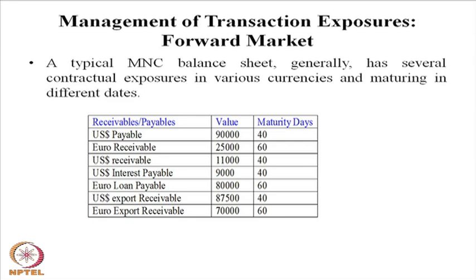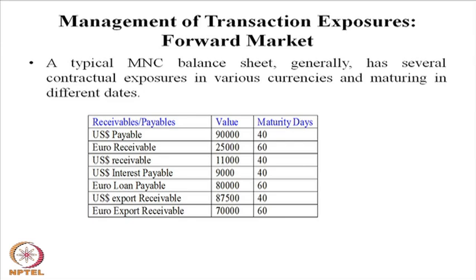Each currency has a separate maturity date and separate amounts, and each currency might have an asset side or a liability side, payments or receivables. The receivables and payments in different currencies have different maturity profiles, and this creates a complex management of foreign currency for the transaction exposure side.